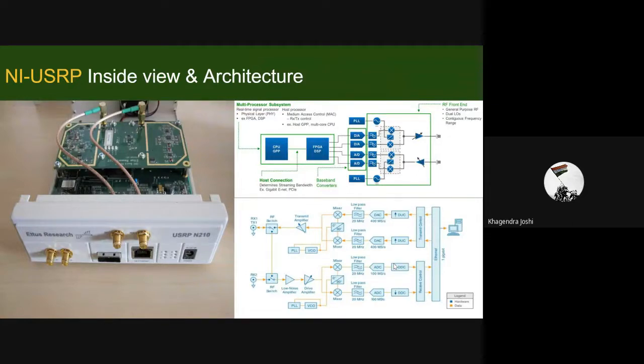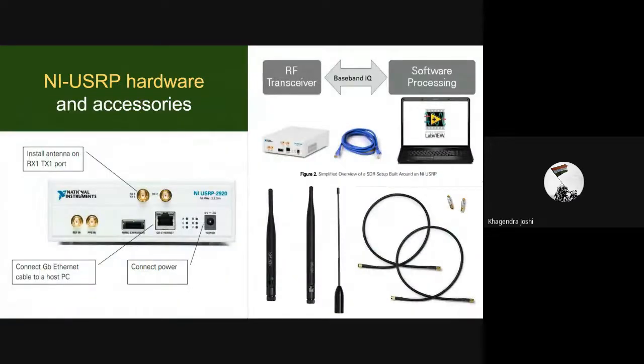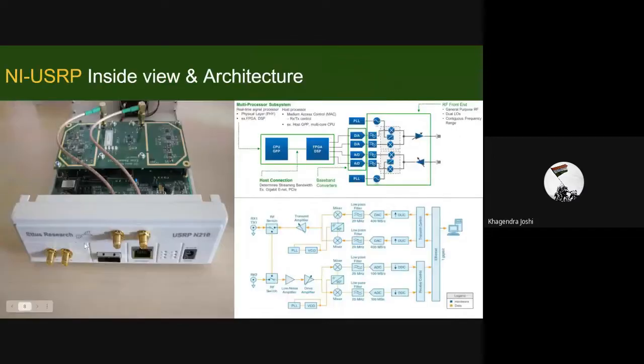As I've just told you, the only difference you'll see here is that this is from NI, National Instruments, and this is Ettus Research. NI is the parent company of Ettus, and it provides you the flexibility to purchase a particular device in segments.